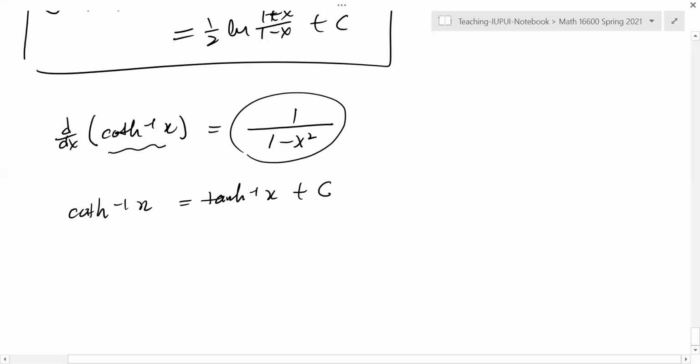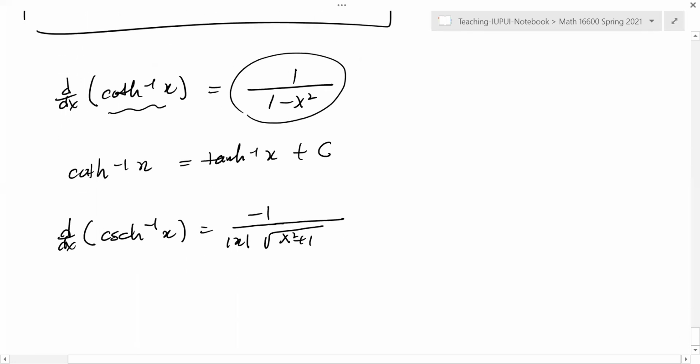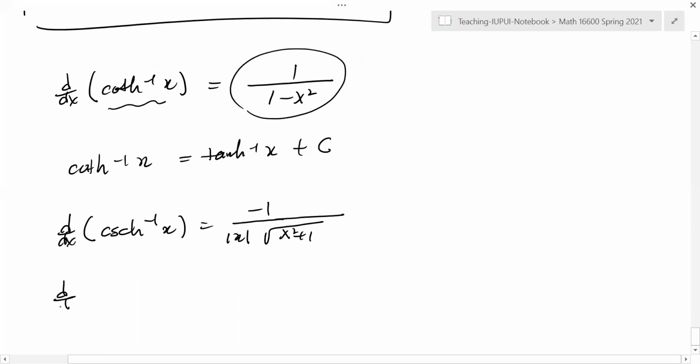Now we also have two formulas: you can define the inverse function of hyperbolic cosecant x, and you differentiate. Then you will get negative 1 here, and here's x squared plus 1. I think this is a new function. That's interesting.